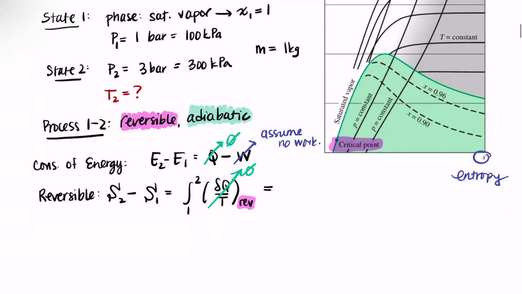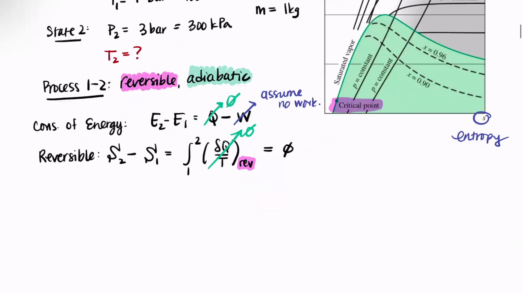So this means that S2 minus S1 is 0. And I'm also going to rewrite this in terms of specific entropy. So I can pull the mass out front and then have the specific entropy at 2 minus the specific entropy at 1. So this means we have an isentropic process.